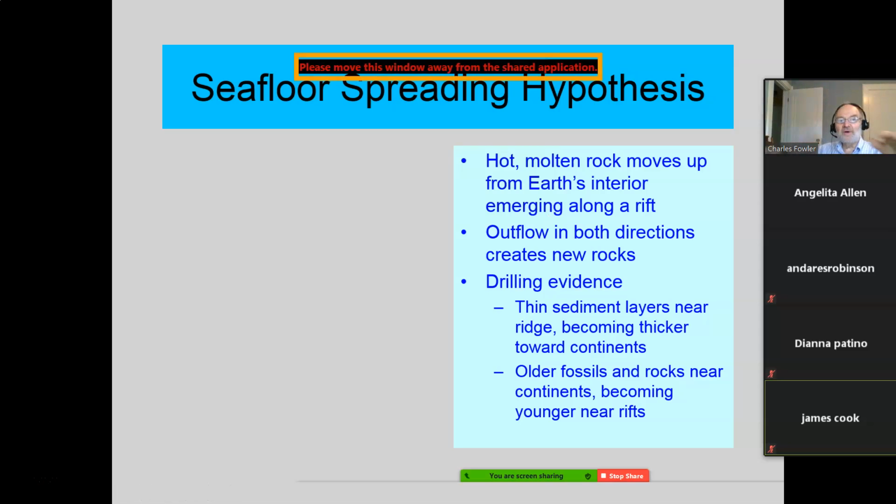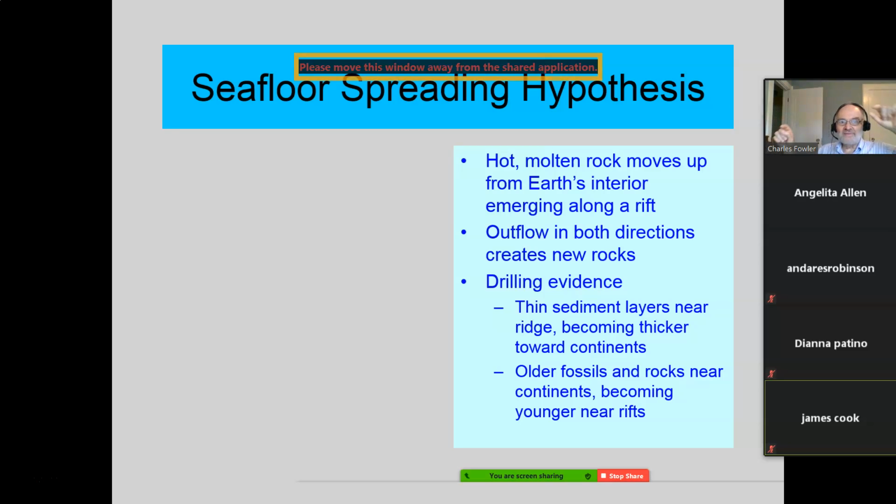The outflow goes in both directions, creating new rocks. Anytime there's magma come up and lava comes up, spreads out, it creates new rocks, on top of the last new rocks, on top of the new rocks before that. It keeps that kind of motion going. Now, what we have done, we have drilled down through those layers of rock, and you see thin sediment layers near the ridge, becoming thicker as you get closer to the continents.